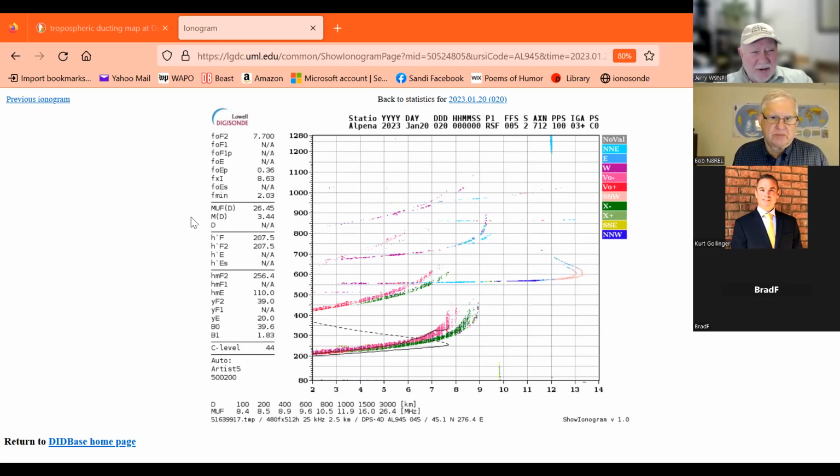And somewhere here it has the lowest frequency which is bouncing, possibly 3.44 or thereabouts, for the lowest usable frequency.